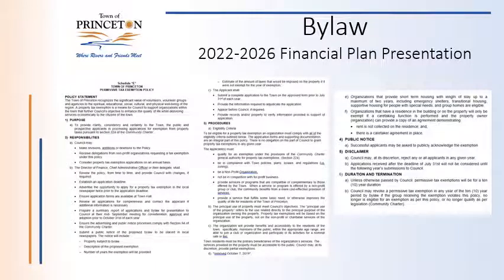And Schedule E is our permissive tax exemption policy. This was last updated in 2019. You see right there where we removed a couple of things. It was more cleanup in 2019 for the permissive tax exemptions.